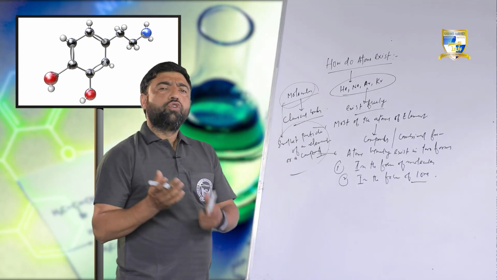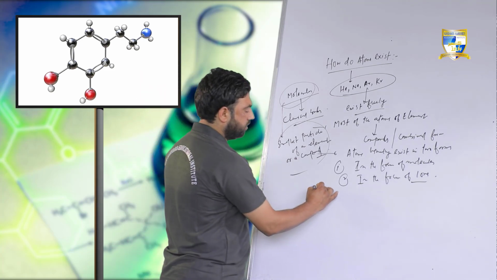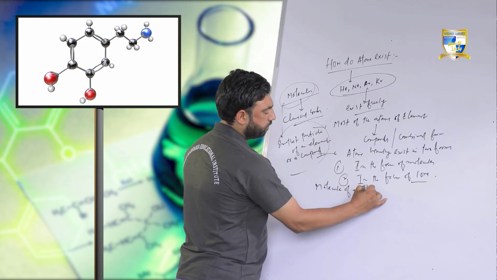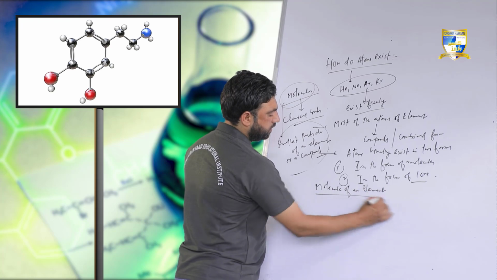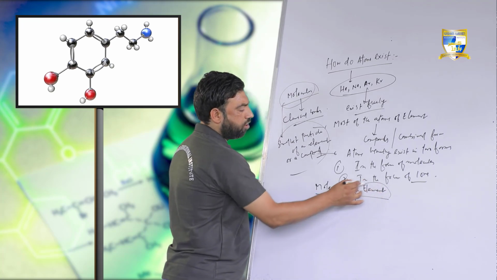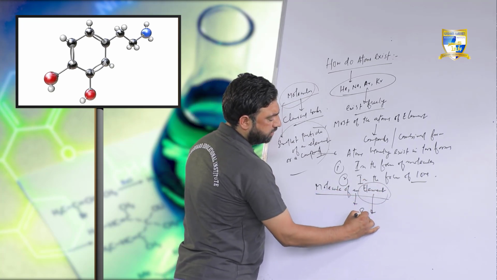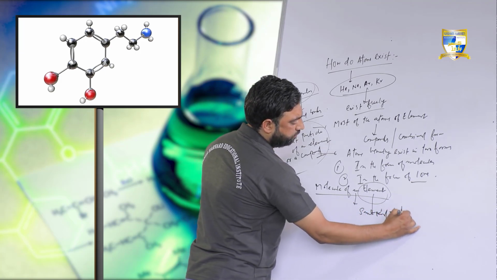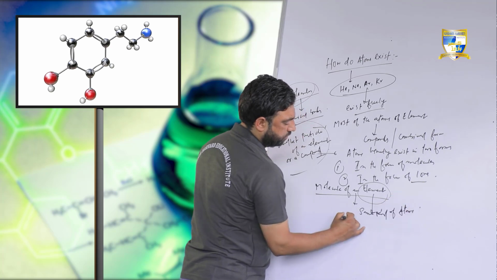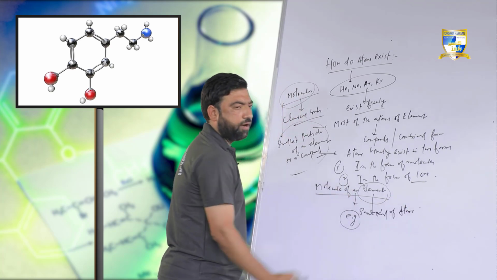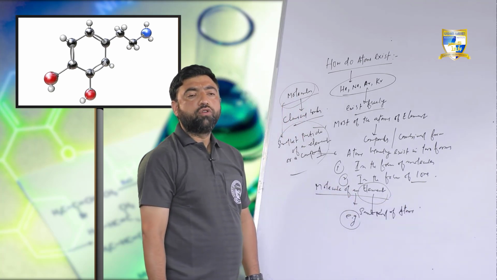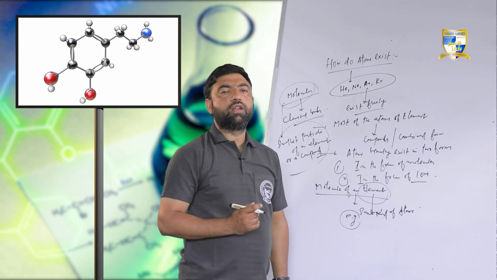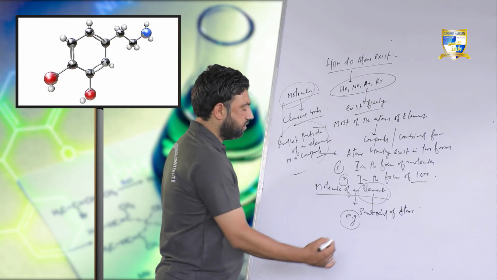Now we have two types of molecules. One is the molecule of an element. In case of an element, a molecule comprises the same kind of atoms. For example, an oxygen molecule is formed of two oxygen atoms combined chemically with each other.